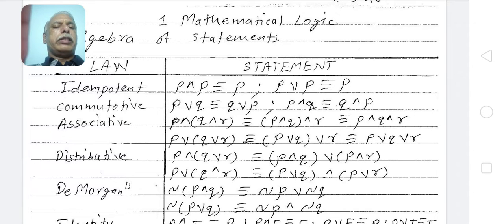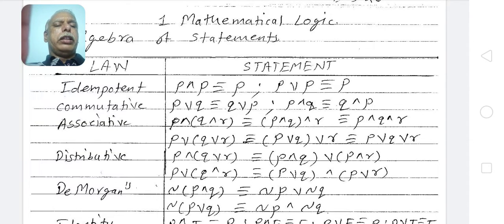In the first case, there is the AND operator. In the second case, there is the OR operator. P or in bracket Q or R is equivalent to P or Q in bracket, outside the bracket, or R. That means if the operator between the statements is the same, then we can group any two statements as one group. The answer remains the same. Now, the distributive law.